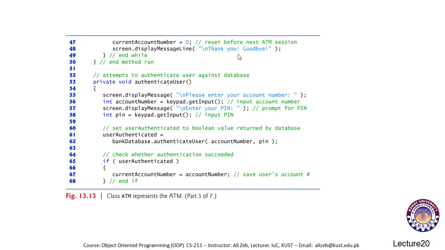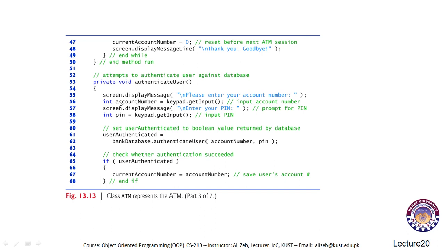Now, the authenticateUser method is a private method, so it can be called a helper method that helps the ATM class to authenticate the user. The details of this method should stay within the ATM class, and this method should not be accessible from outside of the ATM class.